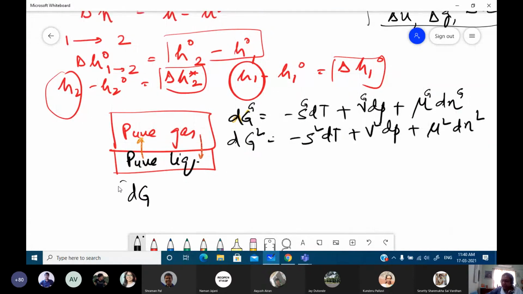That means this plus this has to be equal to 0, or in other words, this has to be equal to this under equilibrium conditions. Based on that, what did we find out? We found out that if temperatures and pressures are constant, then the μ of that component in the gas phase has to equal the μ of that component in the liquid phase under equilibrium conditions.